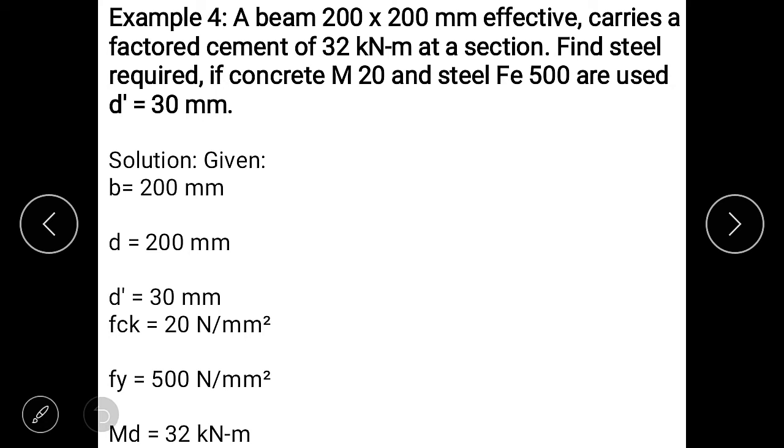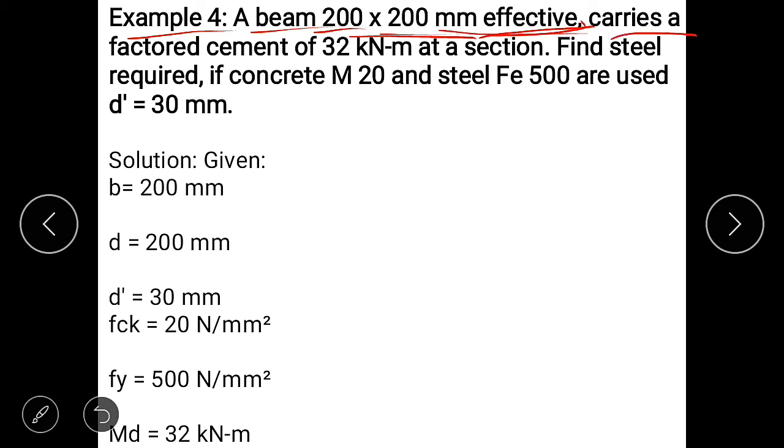In this example, we are going to calculate ASC and AST. So we take example number 4. A beam 200 into 200 mm, a square beam is given here. B is 200 and small d is 200 mm, because effective depth is given here.